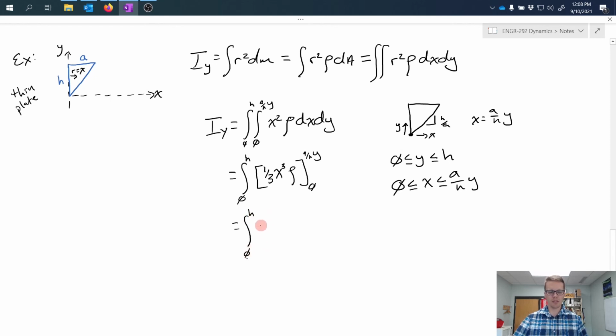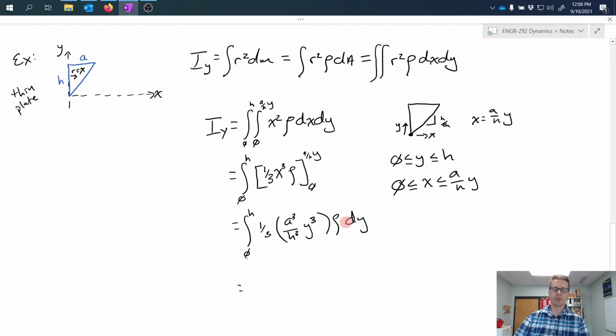And my expression is now 1/3 a cubed over h cubed y cubed, which is going to be evaluated with respect to y. All right, so now we have to carry out the next integration.